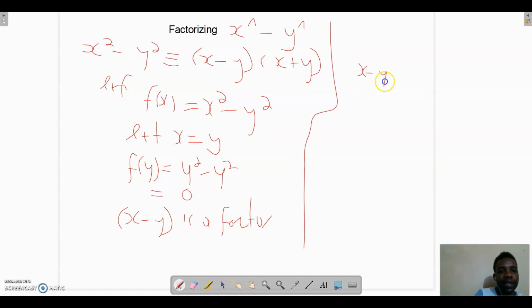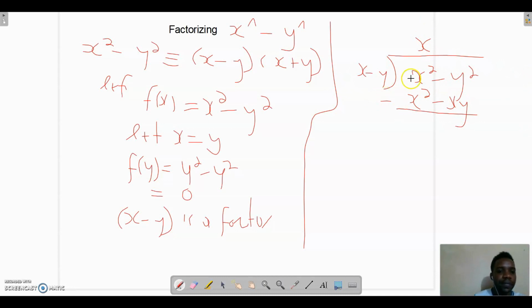So we could say x minus y into x squared minus y squared. Applying the concept, x into x squared would give me x. X times all of this would give me x squared, and x times minus y would give me a minus xy. And we subtract. Now we know that x squared minus x squared is 0. But what about when I subtract a minus xy? There's no xy up here, so we can think of it as being 0xy.